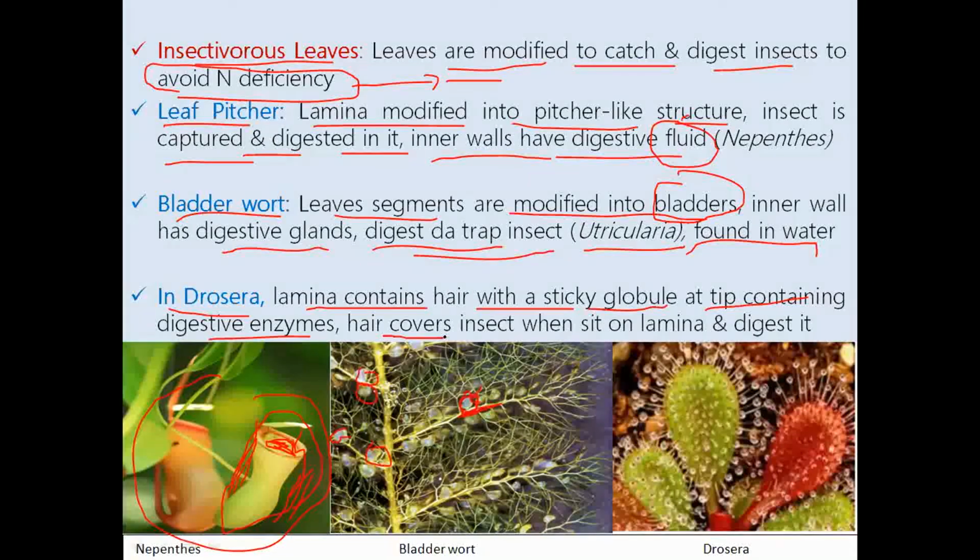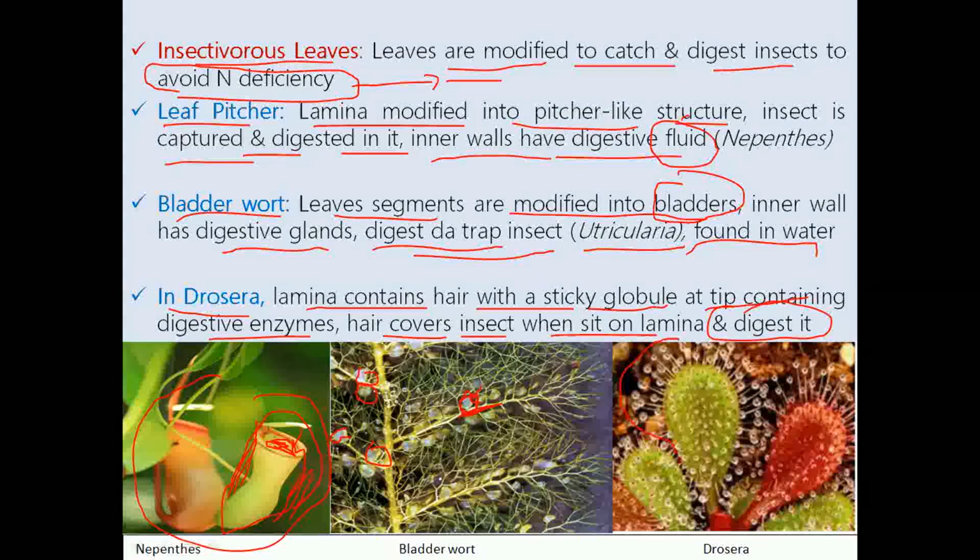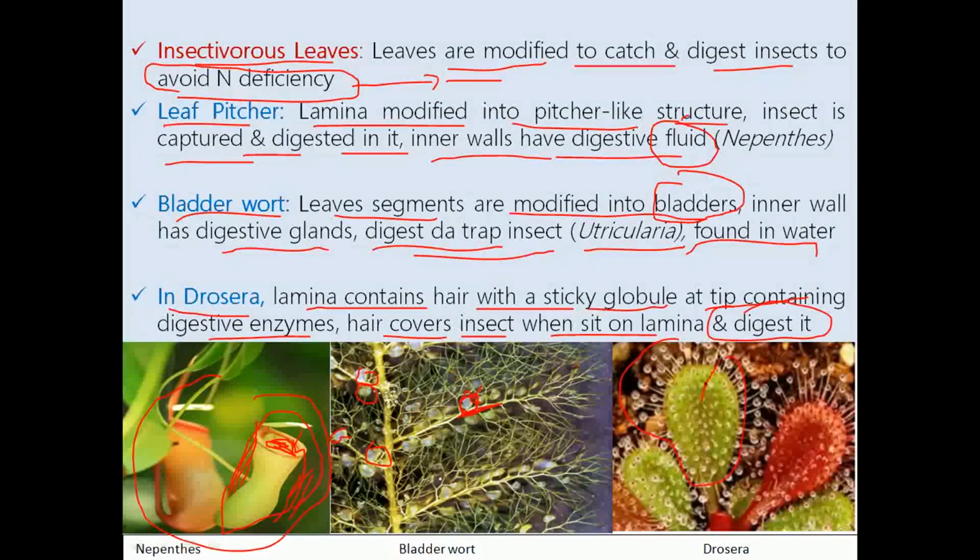The hair covers an insect when it sits on the lamina and it is digested. So you can see here, this is Drosera. Here the lamina contains these hairs and these hairs contain sticky globules. So when an insect sits on this lamina, the sticky globules trap the insect and it is digested here because it contains the digestive enzymes.